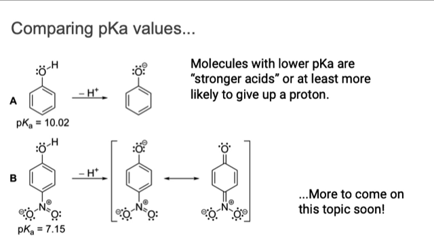And you can see in the resulting conjugate base that there's some resonance involved in the formation of this conjugate base. So we'll get back to that later. For now, just make a mental note that there are very good reasons that we can explain for why some compounds are more likely to give up a proton than others.